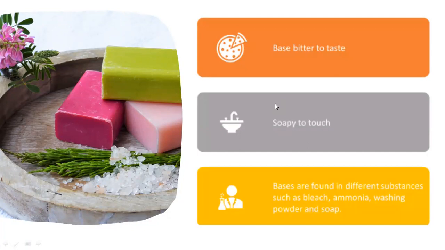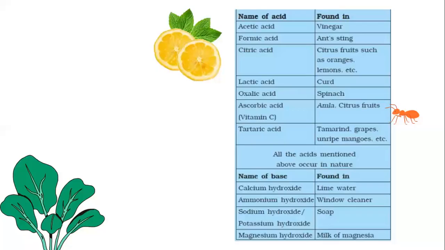Now these bases are soapy to touch. These bases are found in different substances such as bleach, ammonia, washing powder and soap. Now we'll come back to the names of the bases found in particular substances. In lime water, lime water doesn't mean nimbu juice or lemon juice.